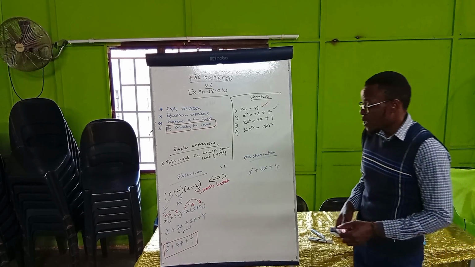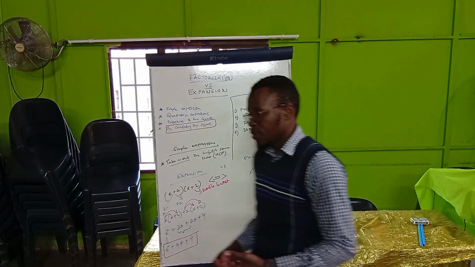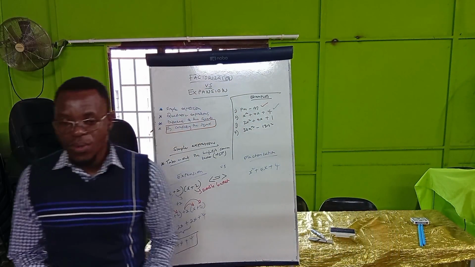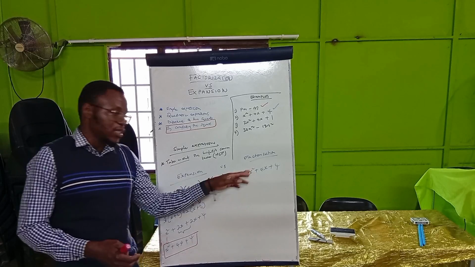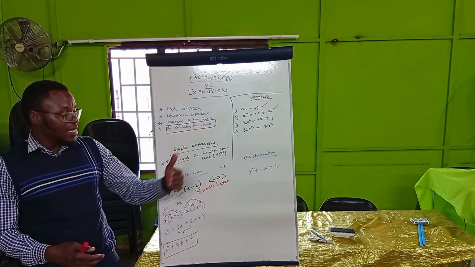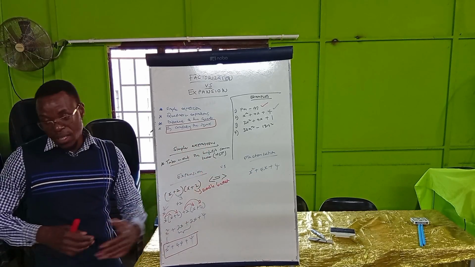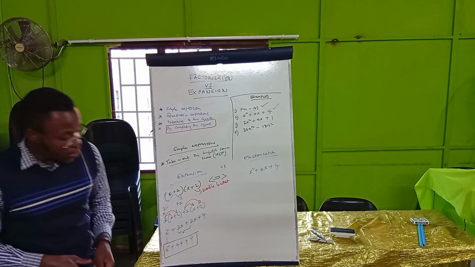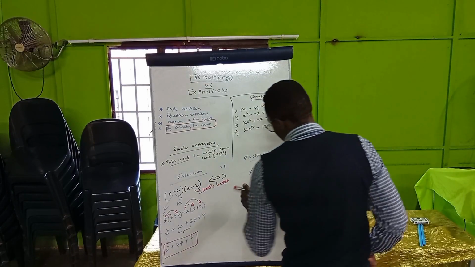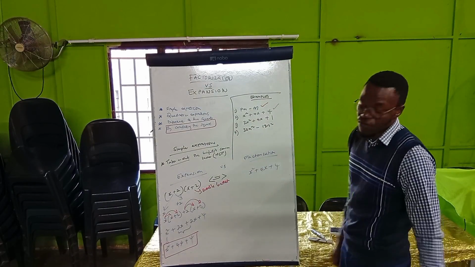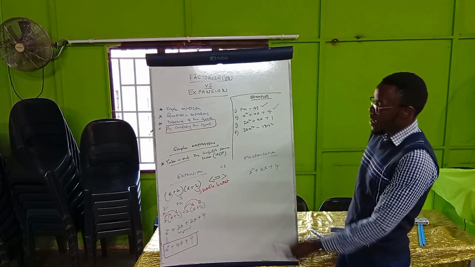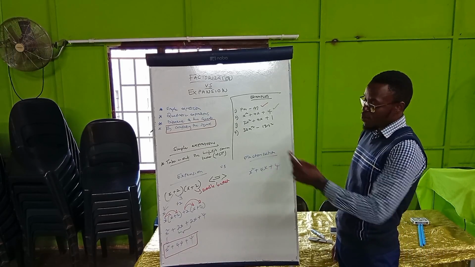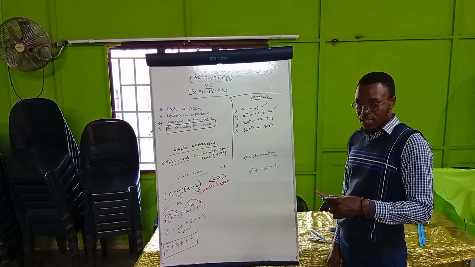You will recall that a quadratic expression is called a quadratic because it has the highest power of x being 2, and it is a three-termed expression. The first term has the highest power of x being 2, and the last or third term will be a constant, positive or negative.